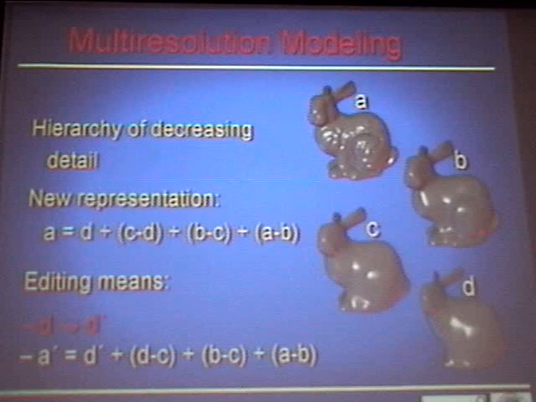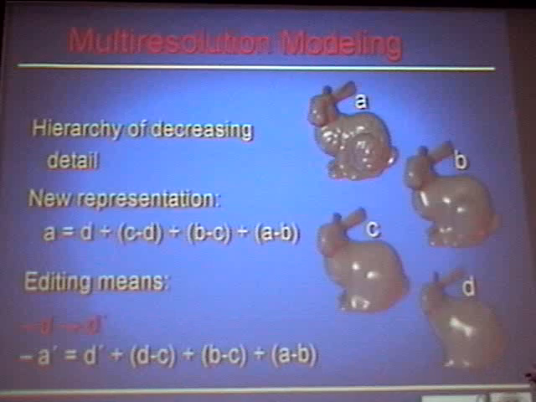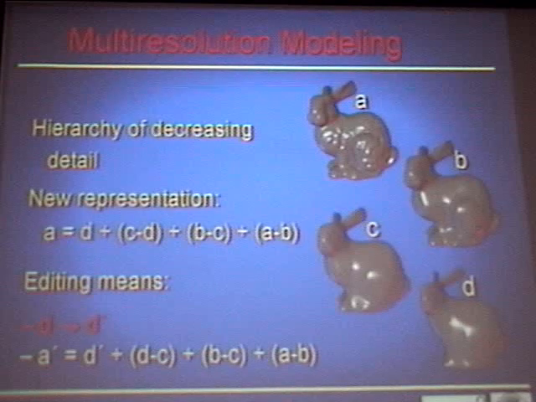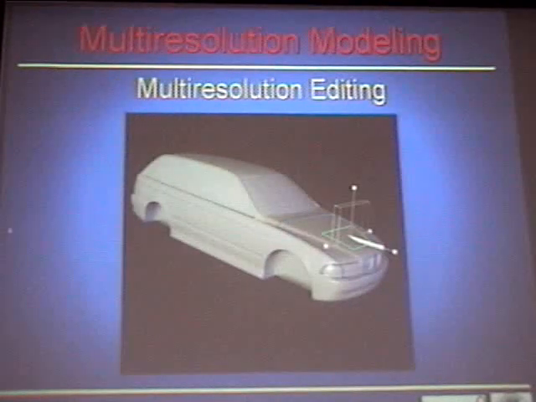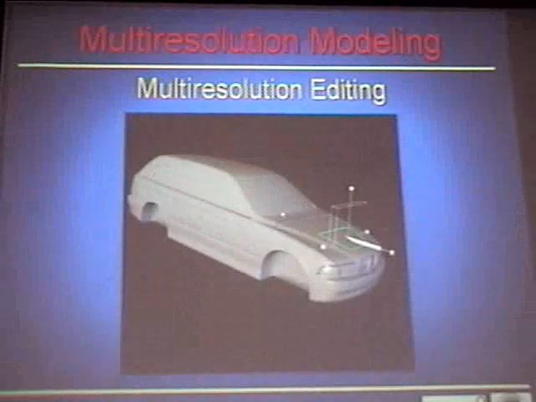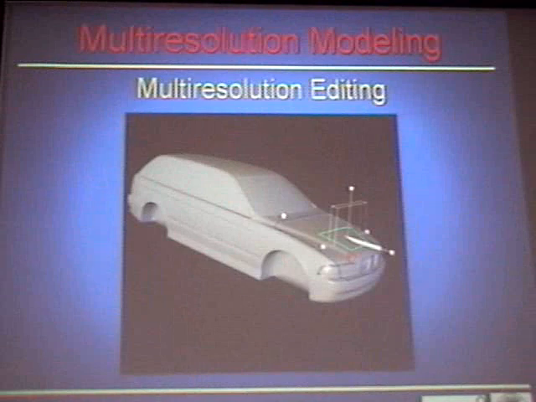Editing now means we change the coarse approximation. For example, we move the head. We change this to D prime and then subsequently add back the detail that we had just deleted. So this is an example here that we did in a project with a car company.